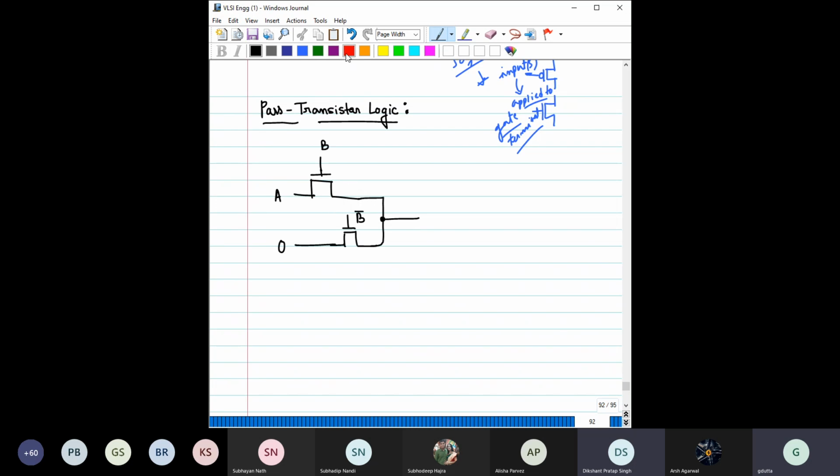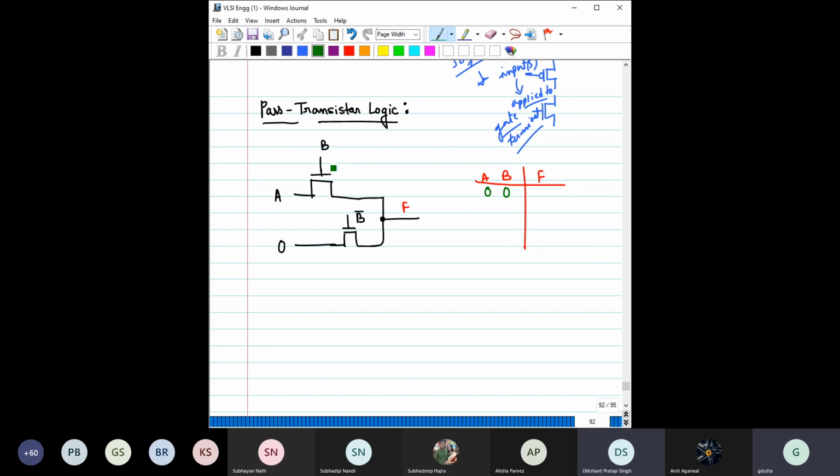Let us say the inputs are A, B, and this is F. First, A is 0 and B is 0. Let us see B first, because B has been applied to the gate.